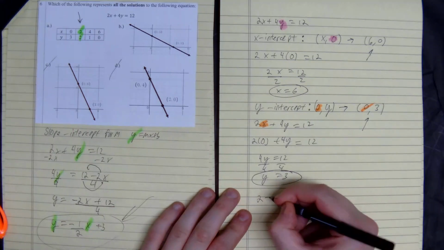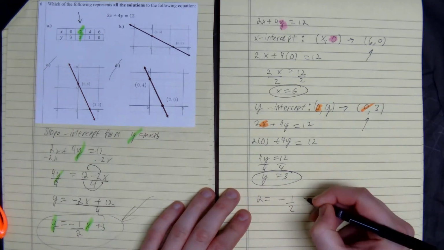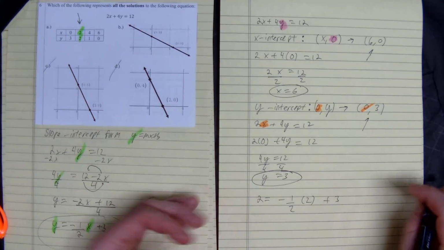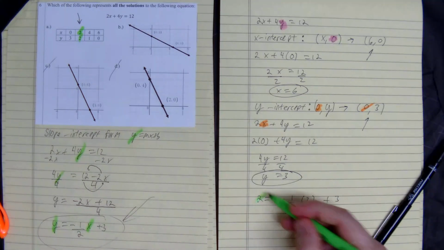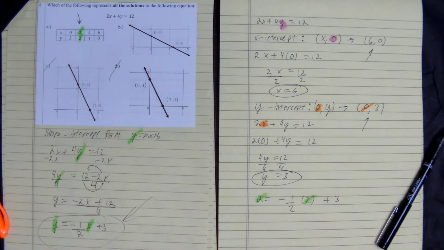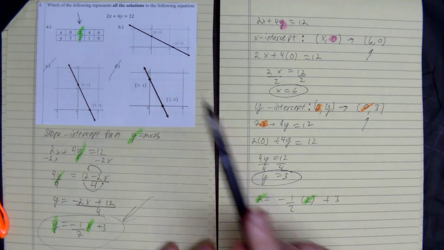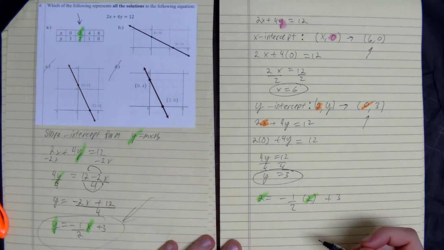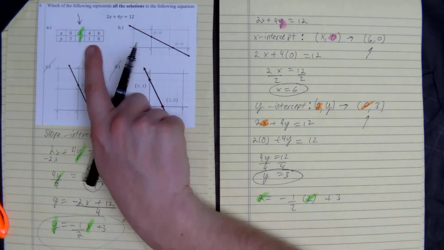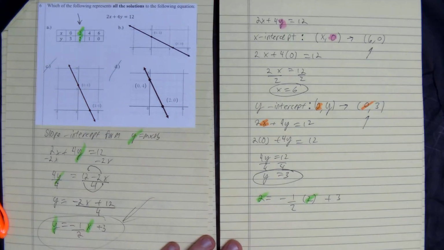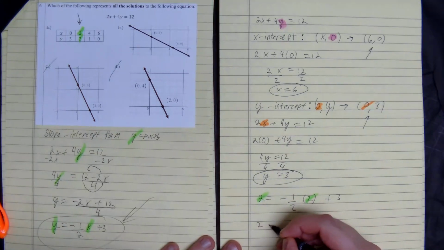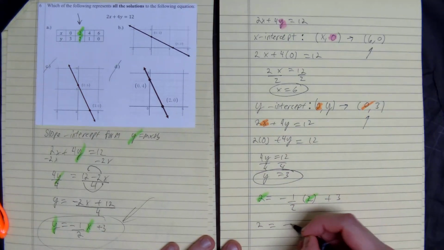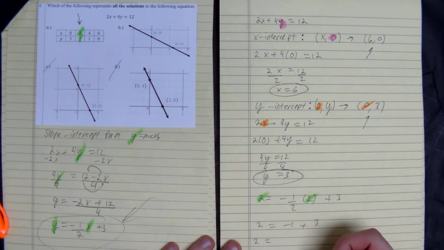You get 2 is equal to negative 1/2 times 2 plus 3. So we should have both sides equal to one another if it has all solutions. And if that doesn't work, I'm going to test that one out next. 2 is equal to 2 divided by 2 is 1, so we get negative 1 plus 3. We get 3.